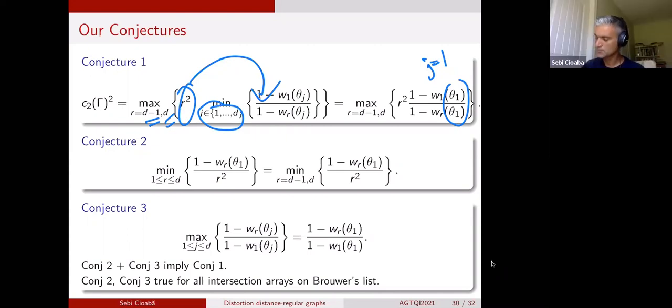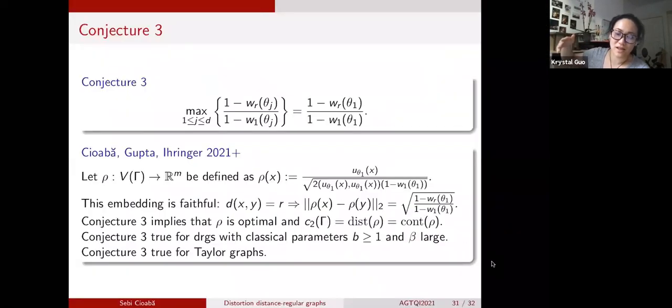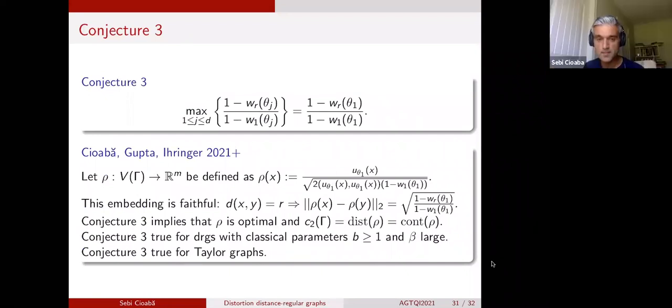Right. And similarly, maybe you can do also something similar to establish conjecture 3, because you want to say on the next slide that it does attain the maximum for the theta 1 eigenspace. Yeah.